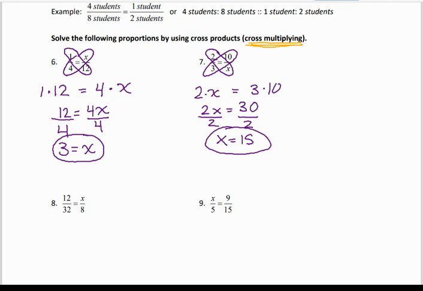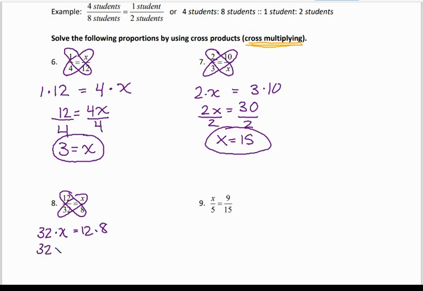So I'm going to show both scenarios here. So we have our cross products. Does it matter, guys, if I write this as 32 times x equals 12 times 8, or whether I put the 12 times 8 on the other side? No. Okay, please be aware of that. It doesn't matter. What matters is that you're not multiplying 32 and 8, right? 32 goes with the x, either on the left side or right side.